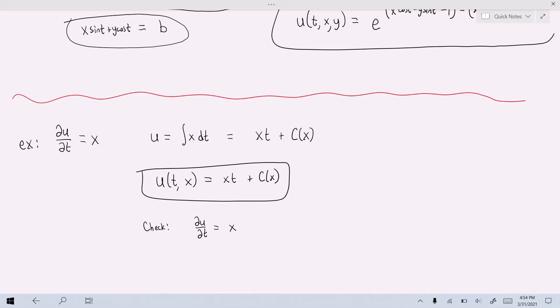Without any information about an initial condition, we do not know what the function c of x is. But of course, if you were given an initial condition, say if t is 0, then u is some function g of x.